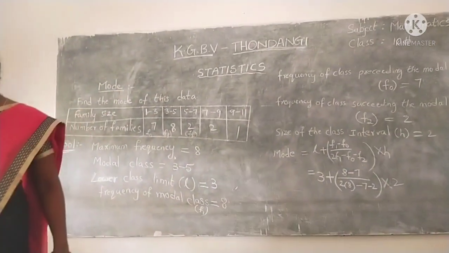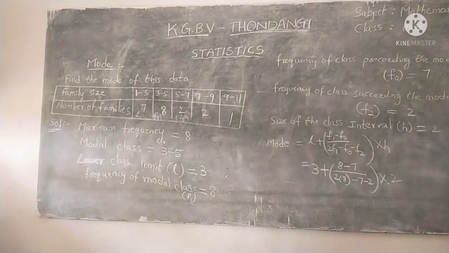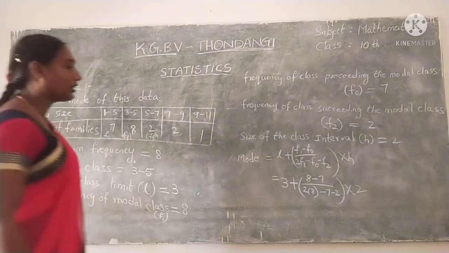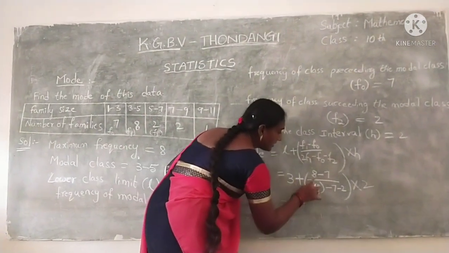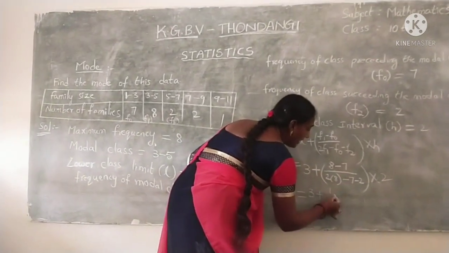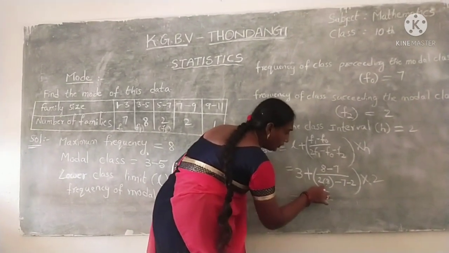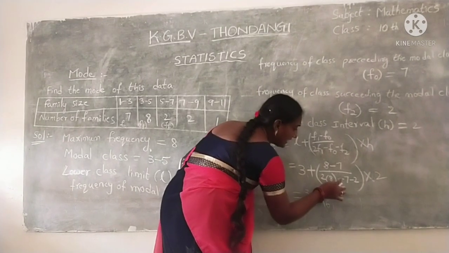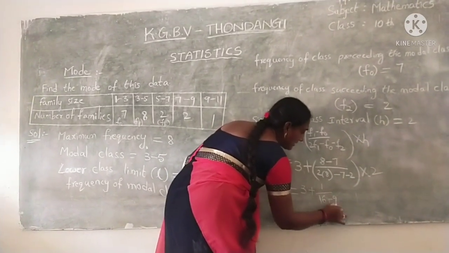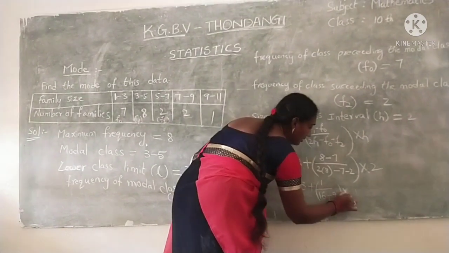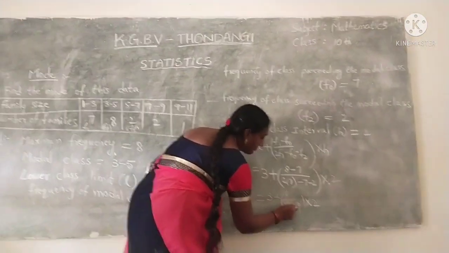Now we calculate this, then we get mode equal to 3 plus (8 minus 7) 1 by (16 minus 7 minus 2), that means minus 9, into 2.